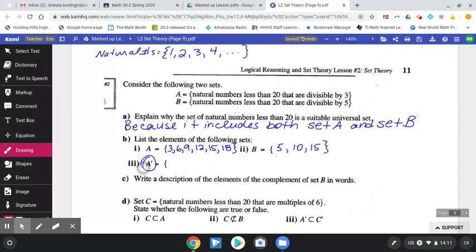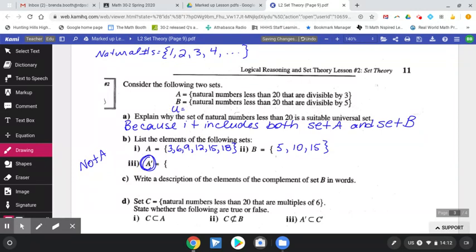Now, part 3 is asking for the complement of A. So remember, complement means not. So I look at my universal set. Maybe not even a bad idea to write down the universal set.